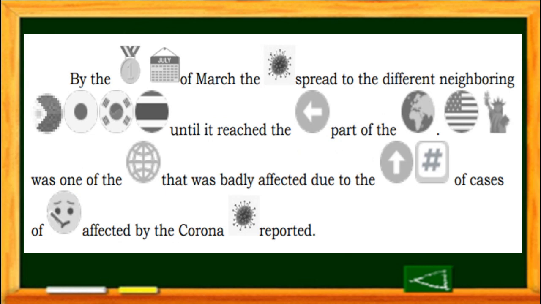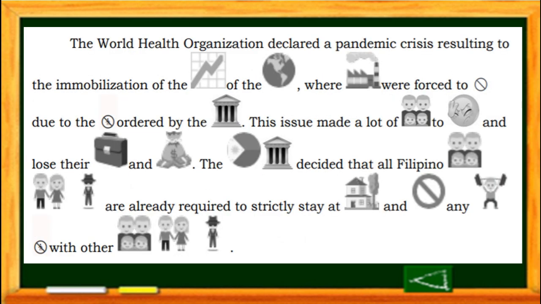By the of March, the spread to the different neighboring until it reached the part of the was one of the that was badly affected due to the of cases of affected by the corona reported. The World Health Organization declared a pandemic crisis resulting to immobilization of the were forced to due to the ordered by the.